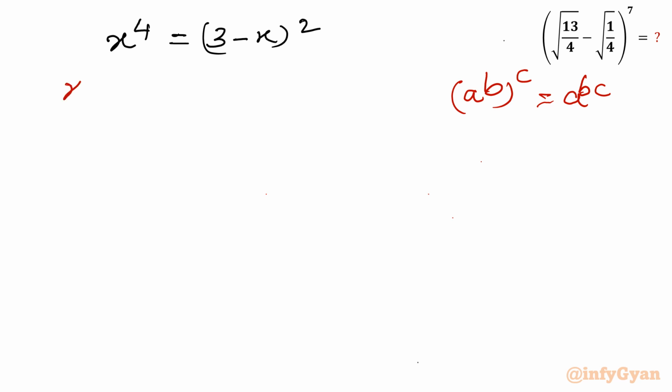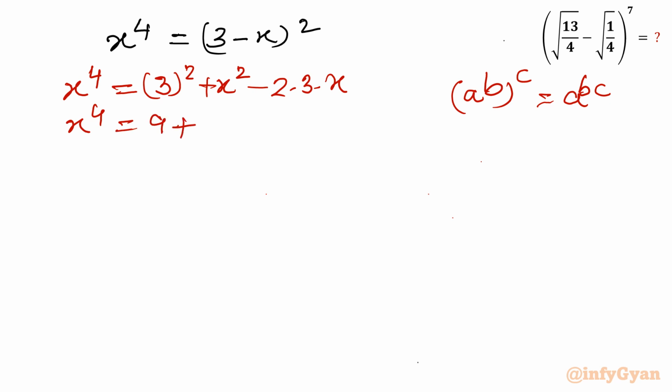Now let us expand the RHS. It is a minus b whole square, so we can write a square plus b square minus 2 times 3 times x. So x power 4 will be 9 plus x square minus 6x.